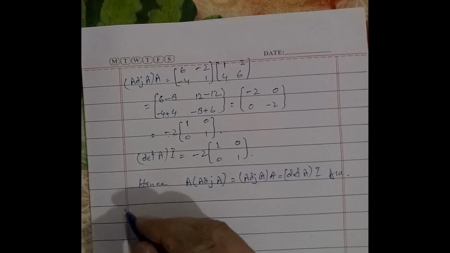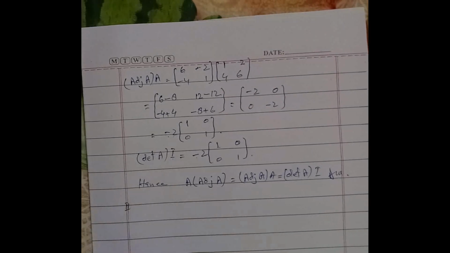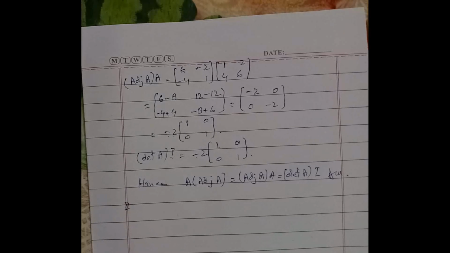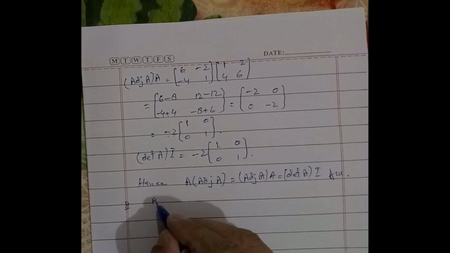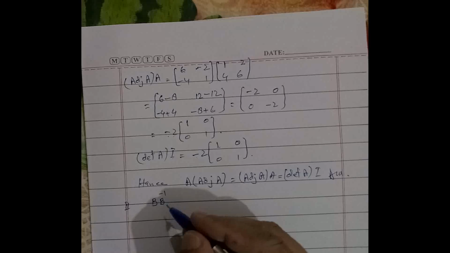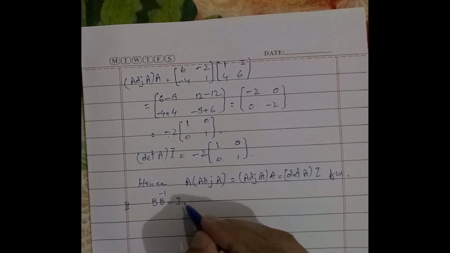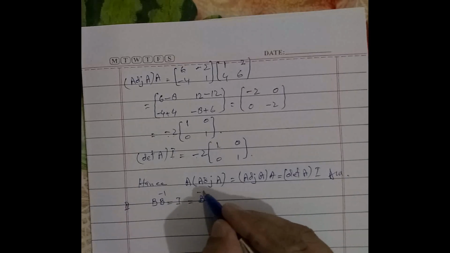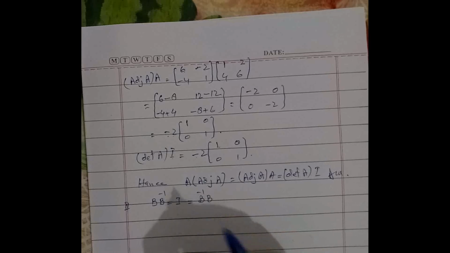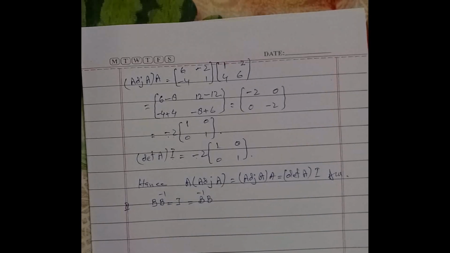And now we solve question 4, part 2, in which B into B inverse is equal to identity matrix is equal to B inverse B, and it is also the identity matrix.